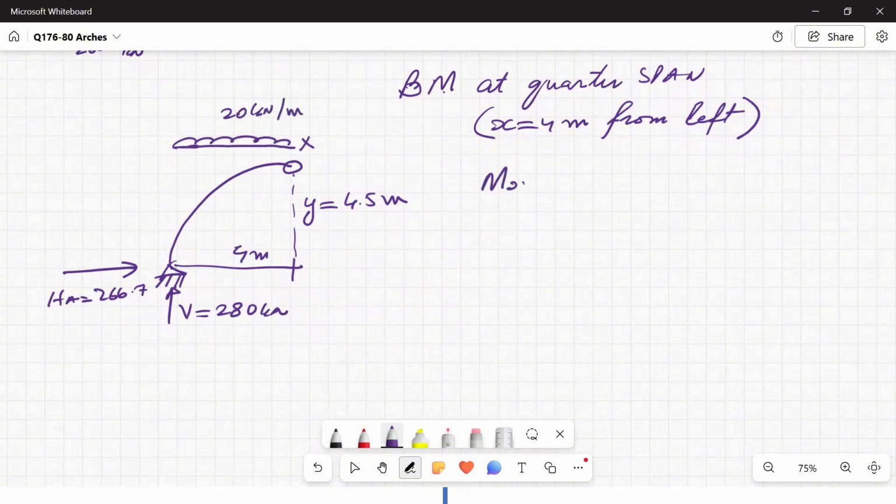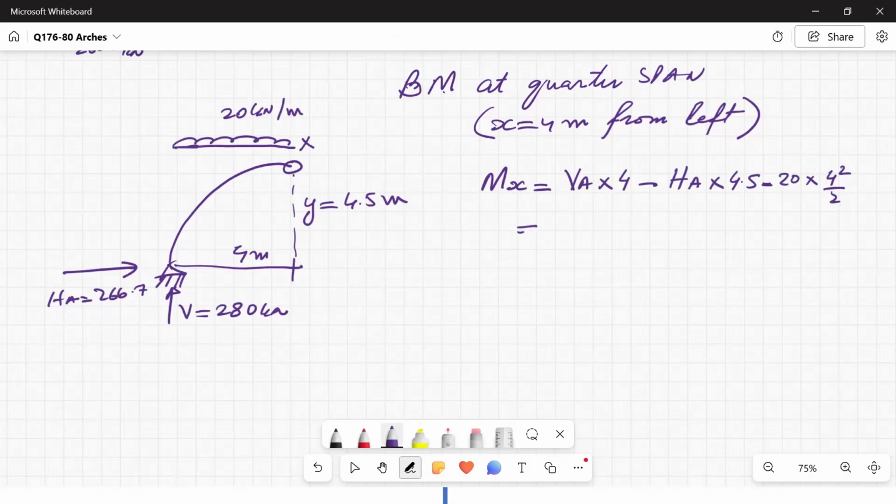So M at X is equal to VA times distance is 4, minus HA is creating anti-clockwise moment with respect to X, and the distance is 4.5, that was Y, which we found out earlier, and minus 20 into 20 is UDL. It is spread on 4 and it will be acting at 4 by 2. So from here I can put all these values.